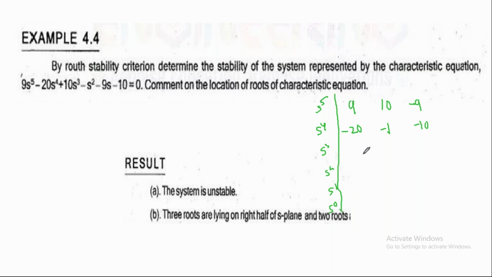So the first term in the s cubed row you'll get is 9.55.